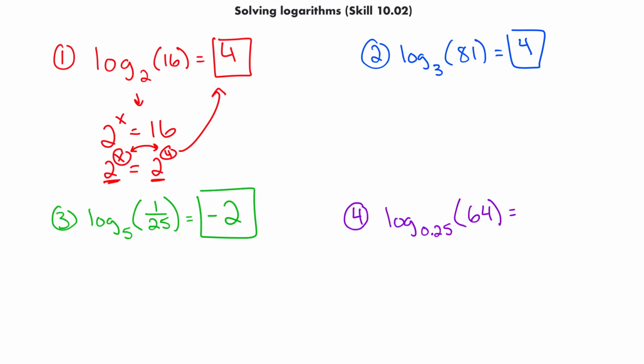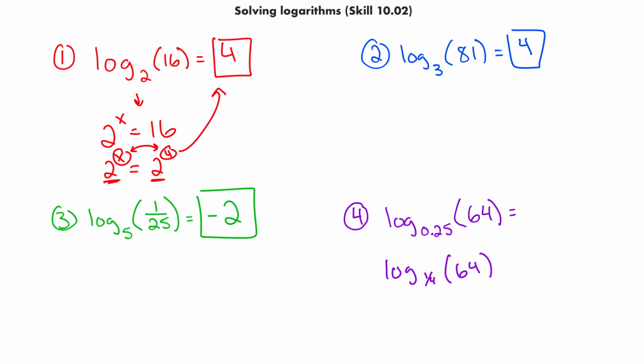Problem number 4, I have log base 0.25 of 64. I don't know about you, decimals scare me. I'm going to turn that into a fraction, because fractions are nice. 0.25 is 1/4. So this is saying 1/4 to what power is equal to 64?